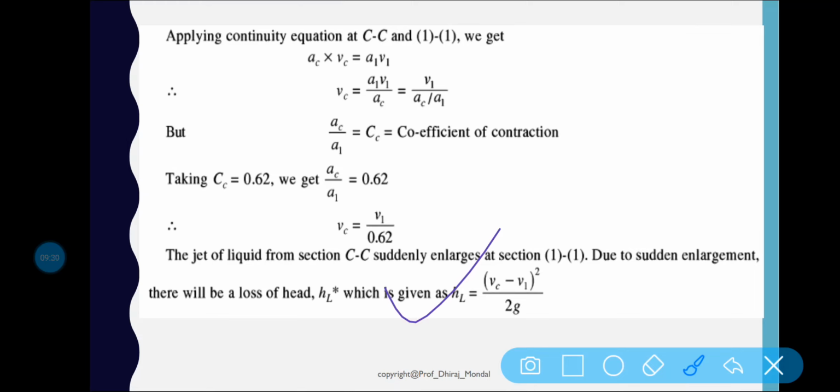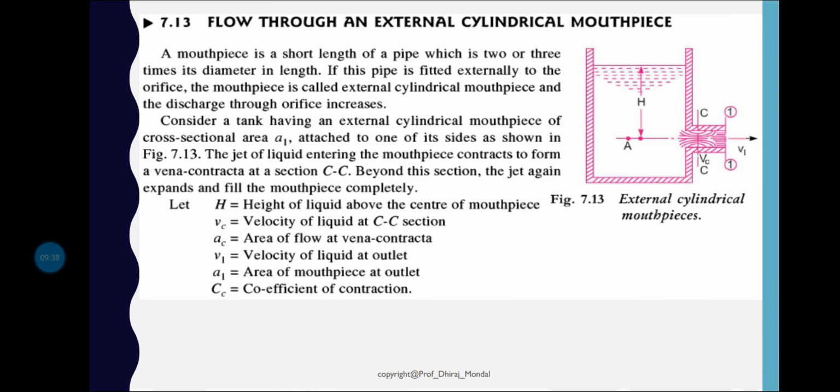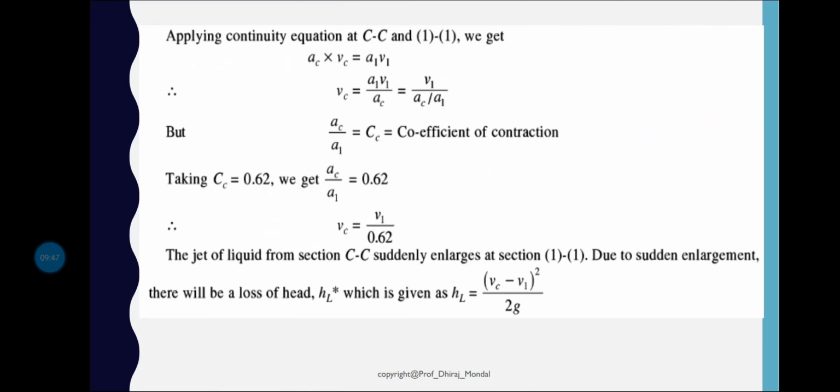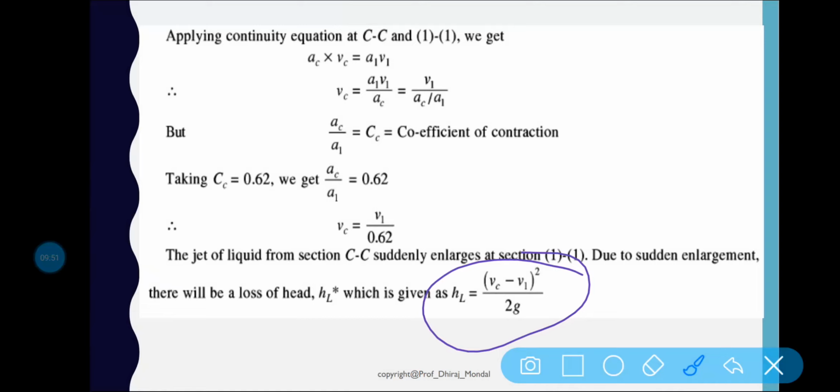So HL is equal to (Vc minus V1) whole square by 2g, because here it is Vc and this is your V1. So Vc is taking the place of V1 and V1 is taking the place of V2. This is the HL, the head loss due to sudden enlargement of the pipe.